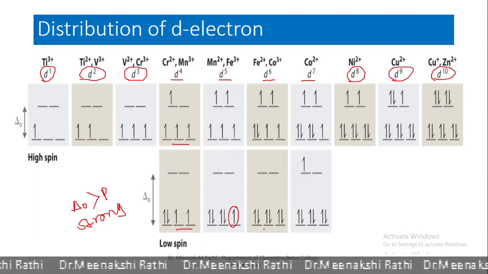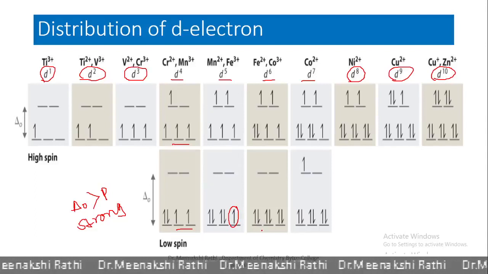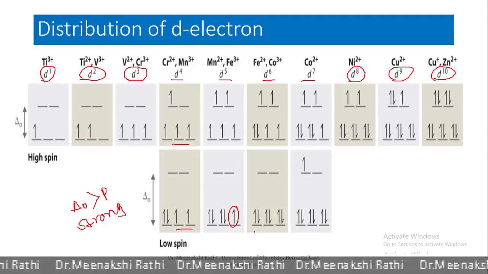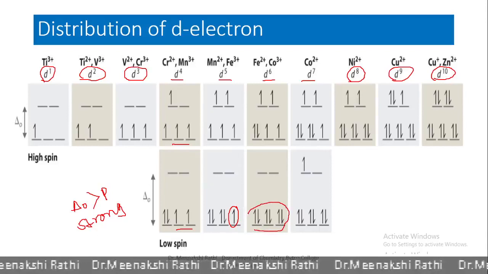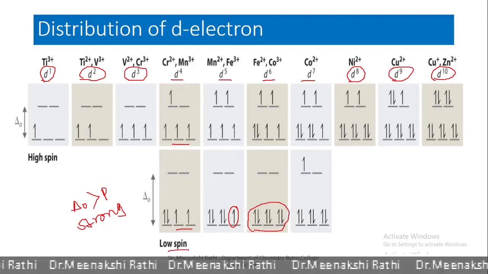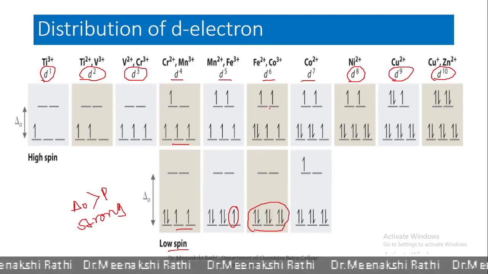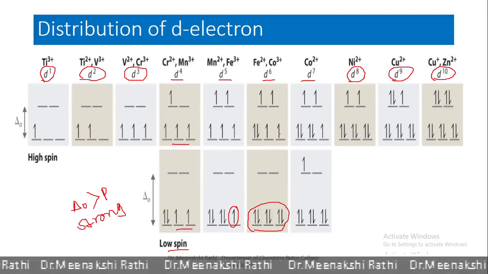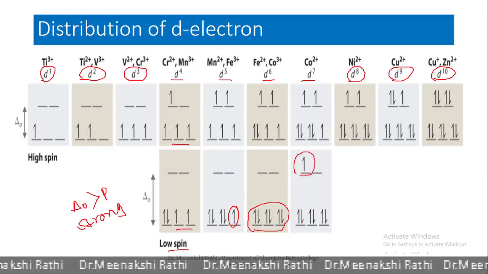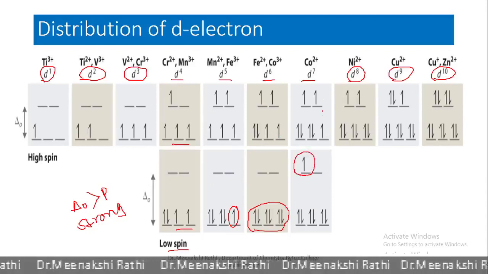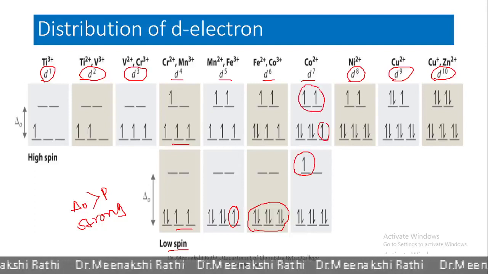In case of d6, when the ligands are strong or in strong ligand field, all electrons get paired and it forms low spin complex, while in high spin complex, there are 4 unpaired electrons. Similarly, in d7, in low spin, there is 1 unpaired electron, while in high spin, there are 3 unpaired electrons.